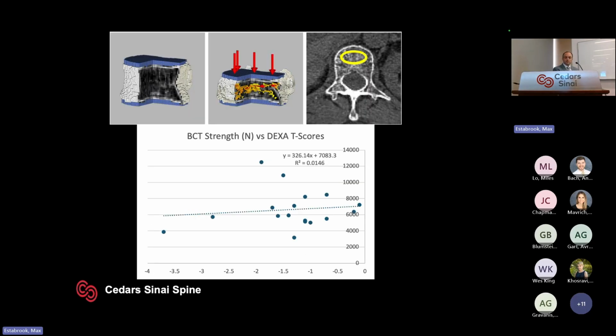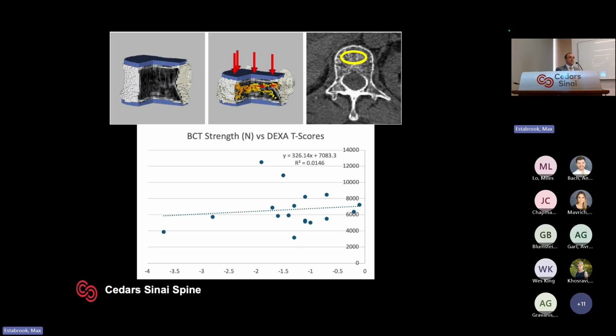And again, to your point, what do you use as your primary thing? And so I was like, I can't use DEXA. The whole thing's going to be flawed right from the get-go if we are comparing against DEXA. So this is actually what brought me in to start looking at the BCT as our primary outcome.